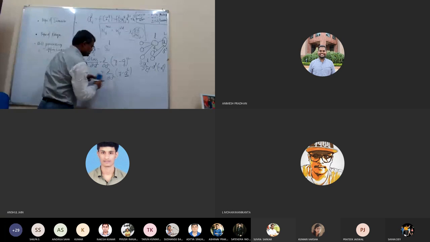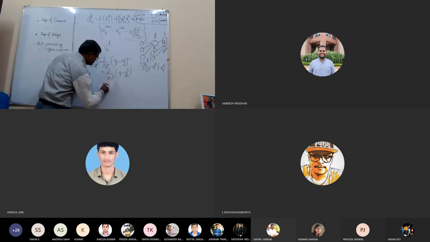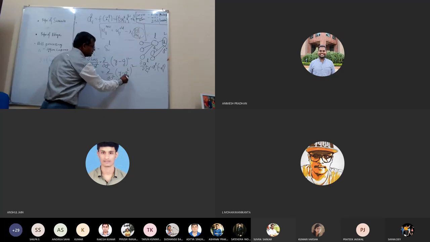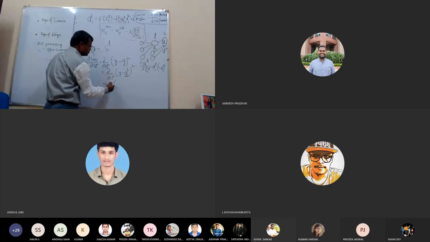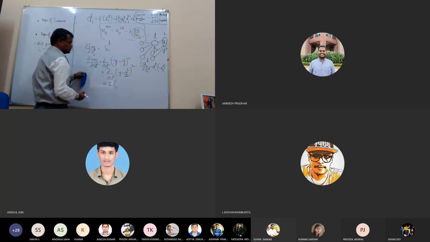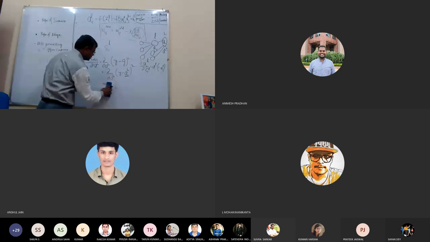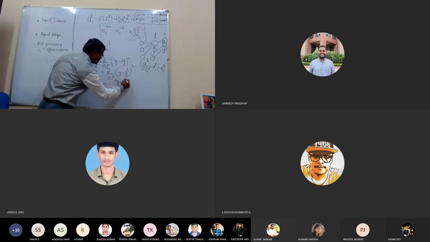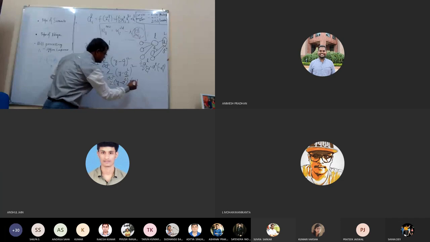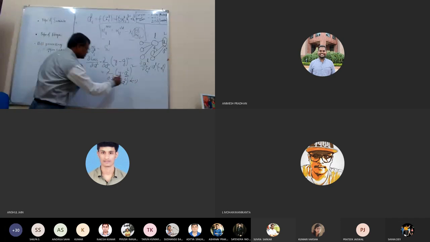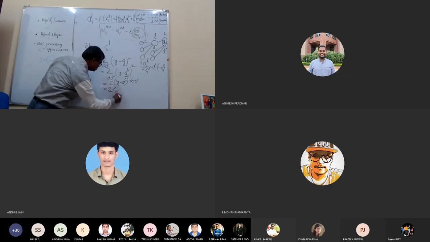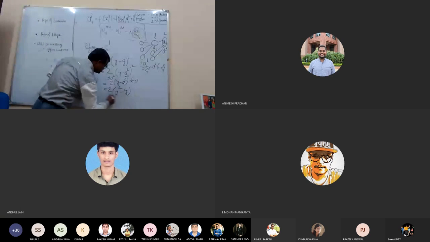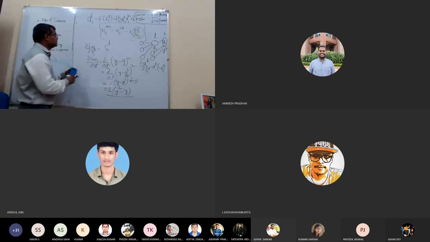Then you take the derivative. This is a square, so it will be 2 into y minus AL, with respect to AL it will be minus 1. So this will be 2 into y minus AL into minus 1, which is 2 into AL minus y. Do you agree with that?